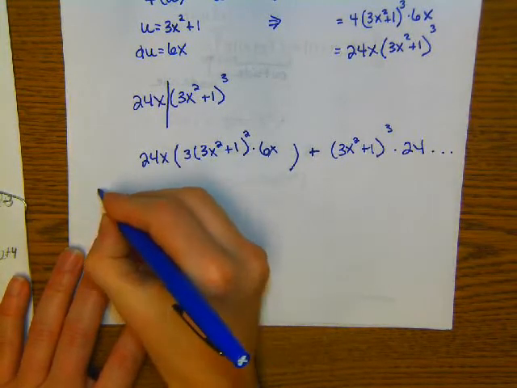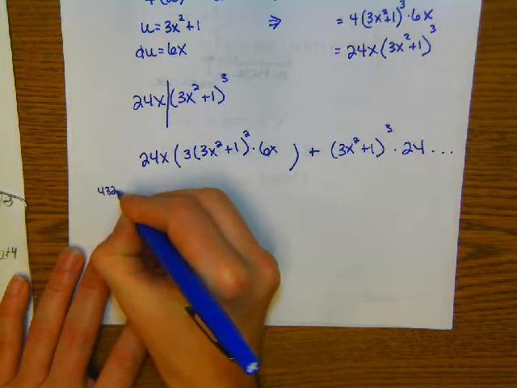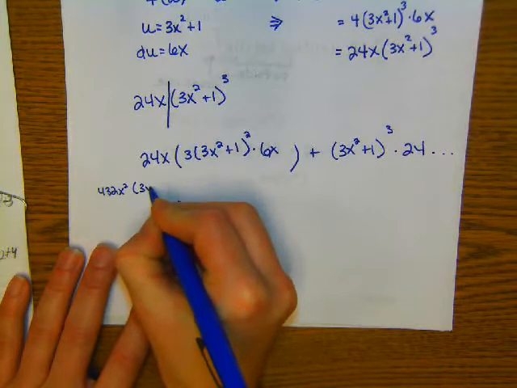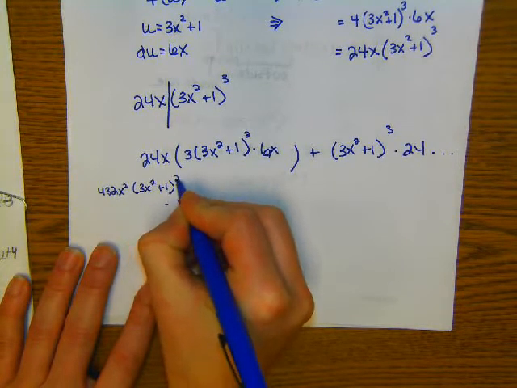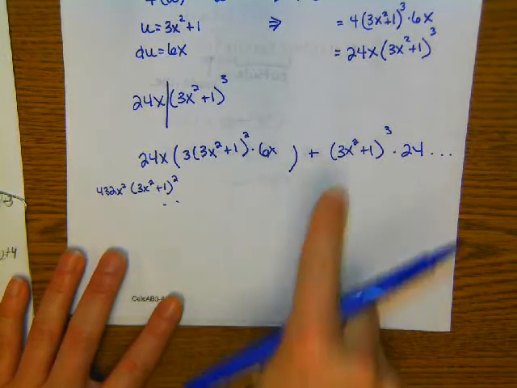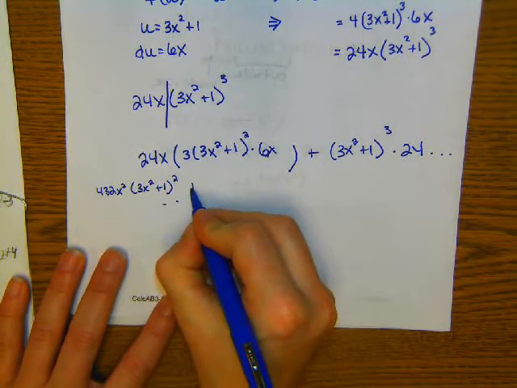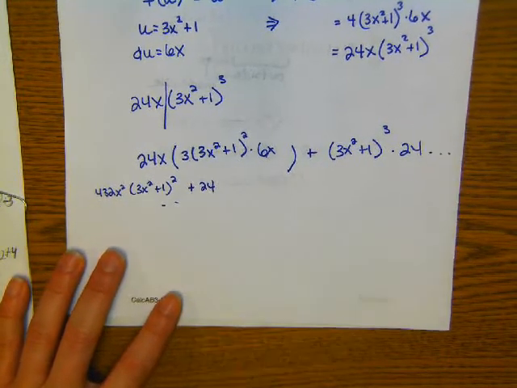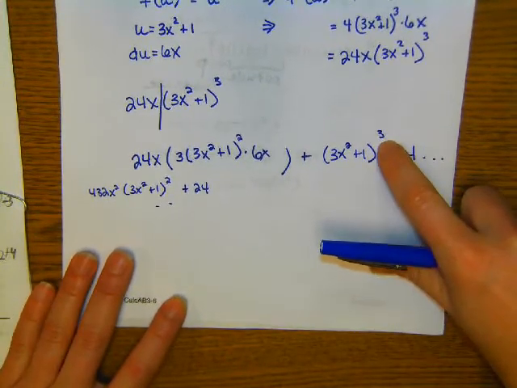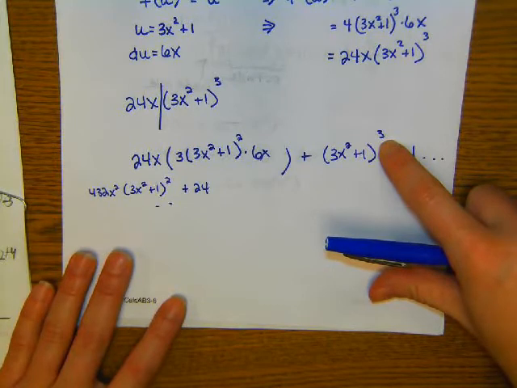Okay, 432x squared, and then this is still (3x squared plus 1) squared. Okay, so that's what this whole part simplifies to. Alright, over here I have plus 24, and what I'm going to do, you might not understand yet, is if this is a power of 3, that means there's three factors of it, correct?